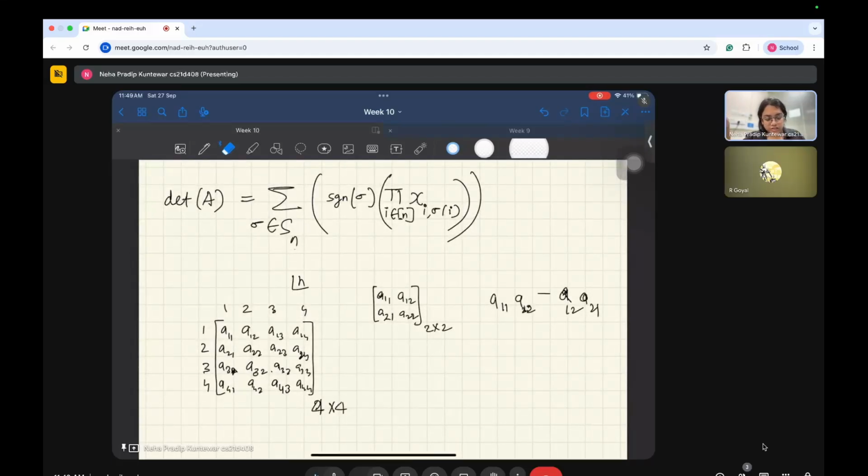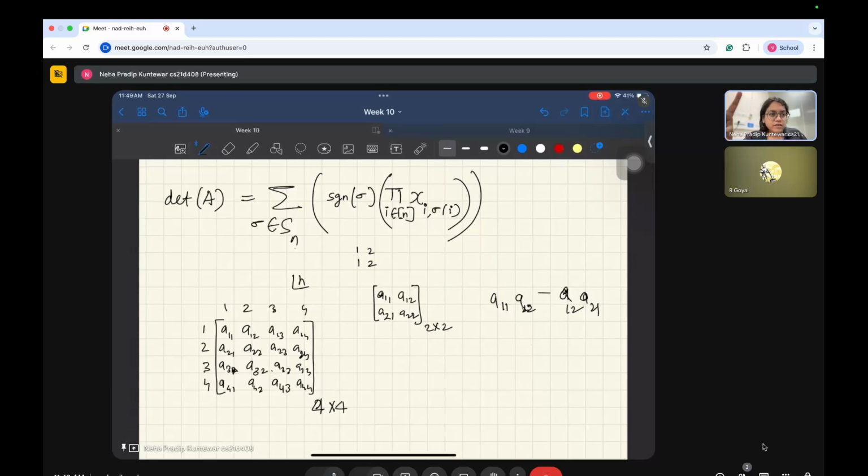Now let's take the first permutation, which is 1 goes to 1 and 2 goes to 2. What is the sign of this permutation? The sign is 1 because there are no inversions. So this is a plus. And what are these terms? 1 goes to 1, and I'll write it as A so that we are consistent, and 2 goes to 2.